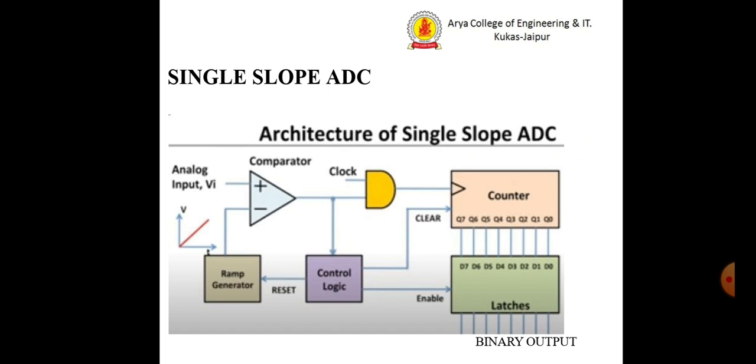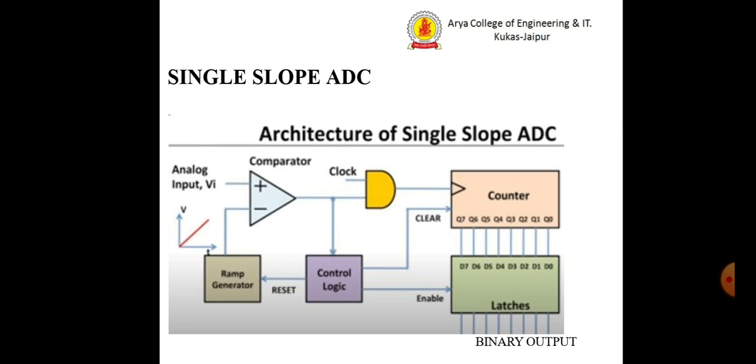The clock is going inside a counter. That means if the clock is high, it will increment the count by 1. The output of the counter is provided to the latches, which give the binary output for our applied analog input Vi.